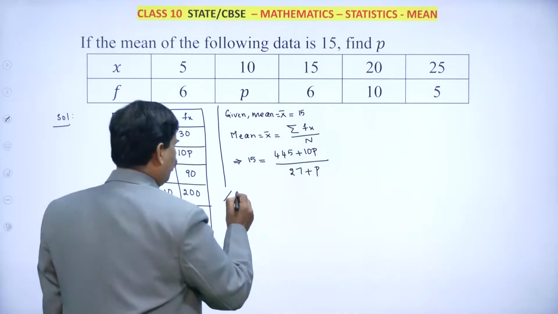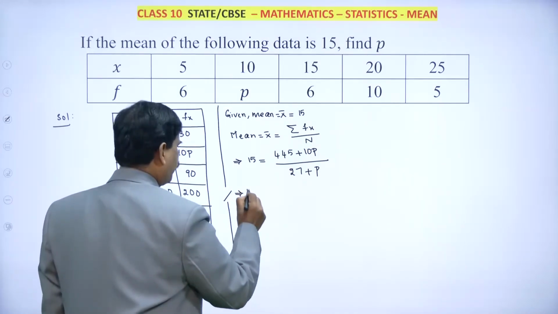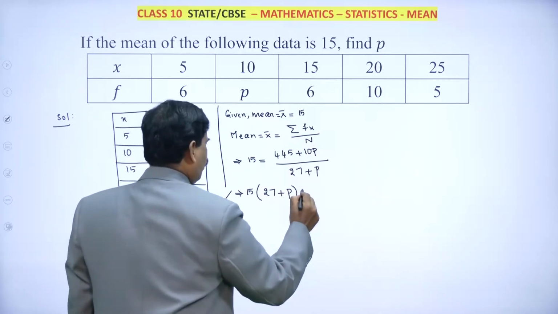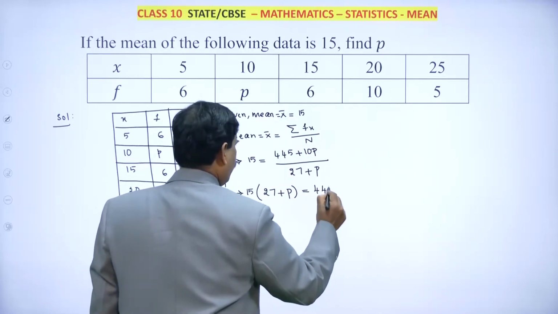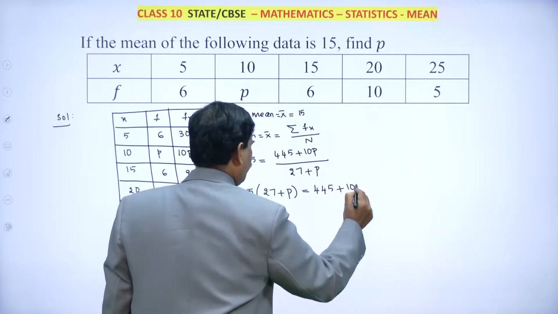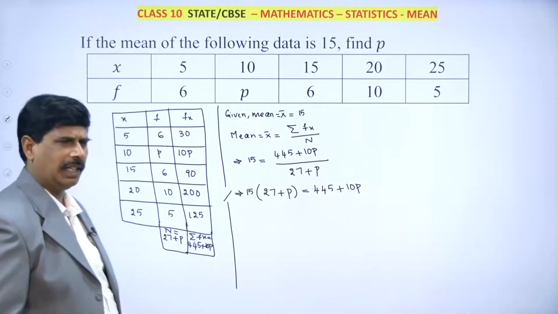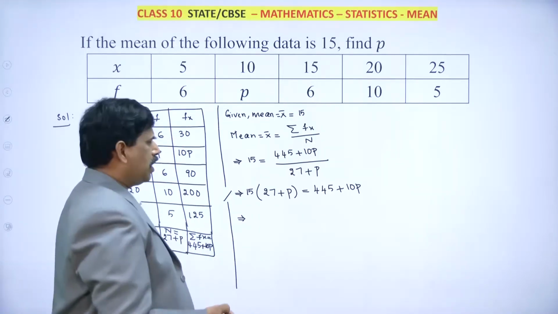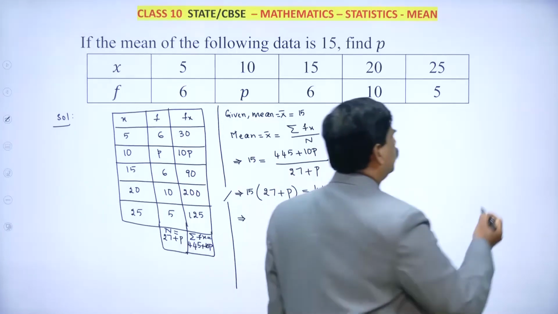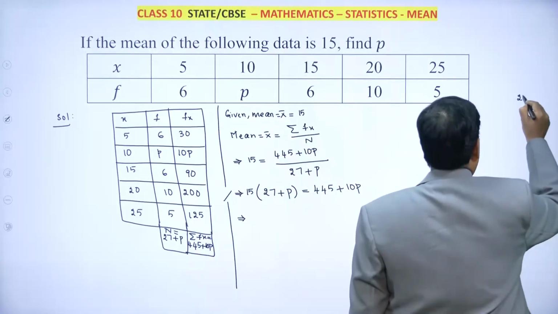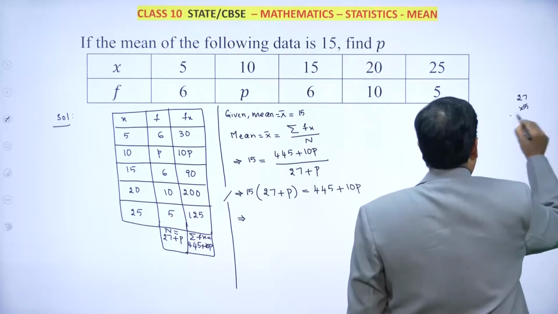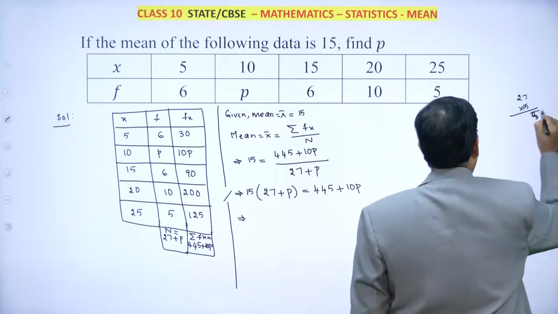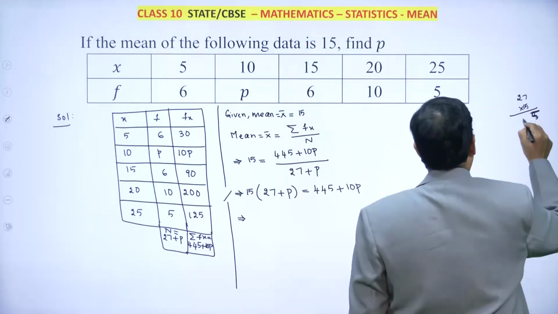Now get that 27 plus P this side children. 15 of 27 plus P is equal to 445 plus 10P. Is it clear? So now multiply. 27 into 15. 15 sevens are 105, 10 left. 15 twos are 30 plus 10, 40.